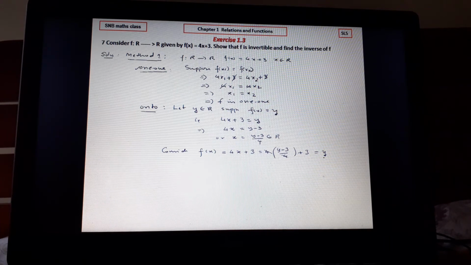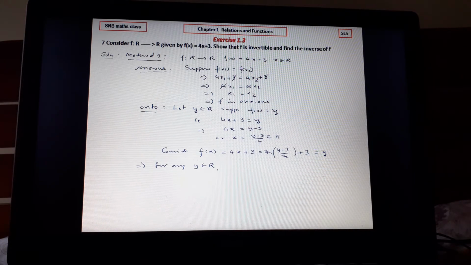This means, for x, y is the image, or for y, x is the pre-image. This implies for any y belonging to R, that is the codomain here, there is x belonging to R, that is the domain, such that f of x equal to y. So this implies f is onto.